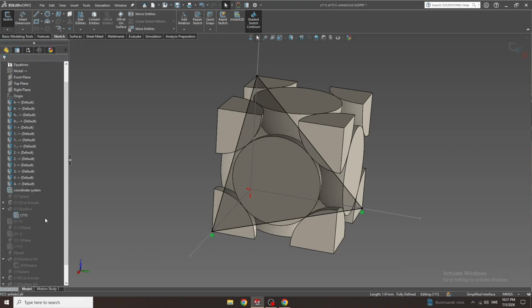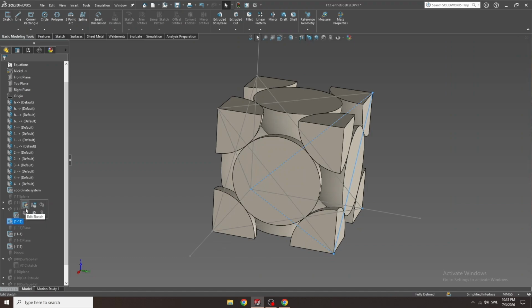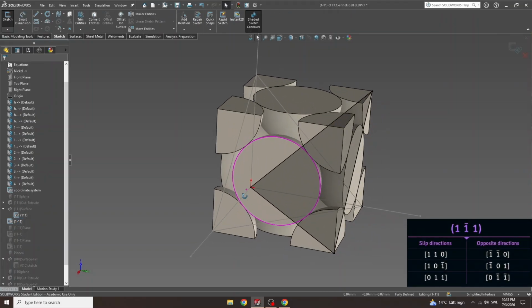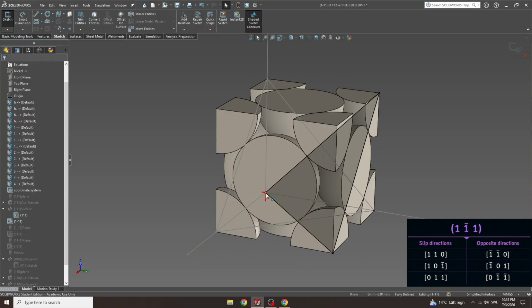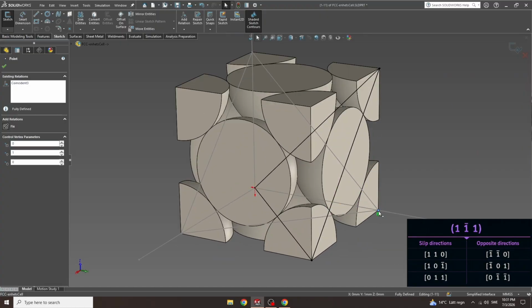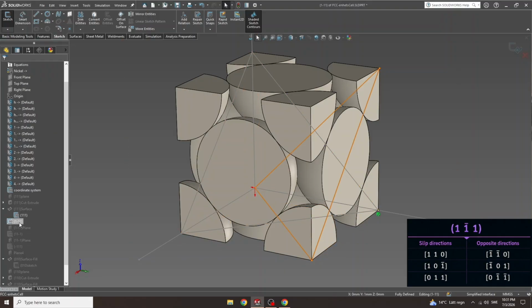Let's look at the next plane in the family table, which is this one. Now this plane goes through the origin here, so just imagine the origin being this, and the plane is 1 minus 1, 1.